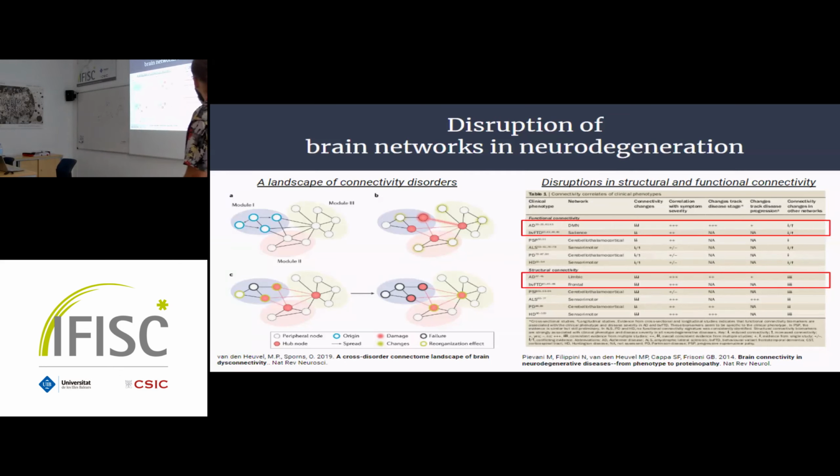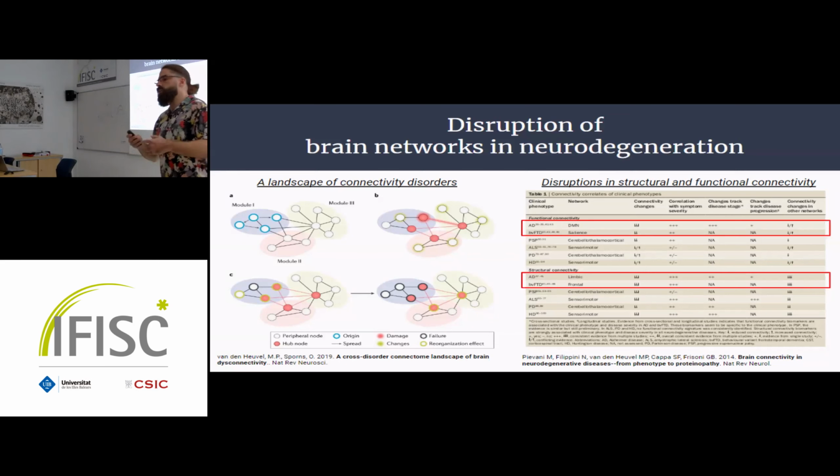And in this table specifically, I'm showing Alzheimer's disease and frontotemporal dementia in terms of structural changes and functional changes. And you can see that there are some networks, like in functional connectivity terms, the default mode network and salience network, that exhibit some changes, and also at the level of structure. So you have both structural and functional changes in brain networks.